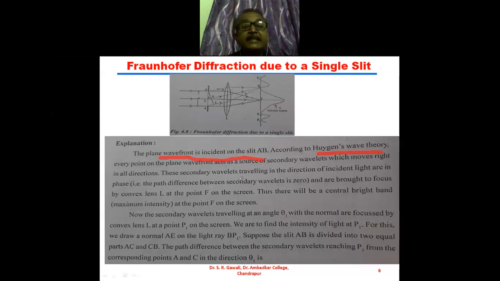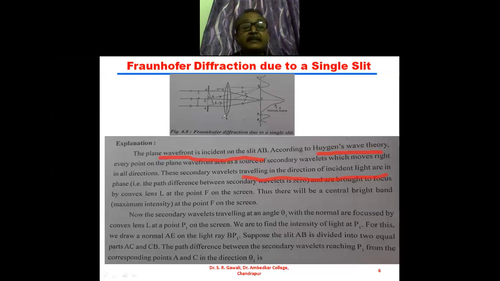These are called the secondary wavelets. So these secondary wavelets traveling in the direction of incident light are in phase, and there is no phase difference between the secondary wavelets. These are the primary wavelets, and these are the secondary wavelets.